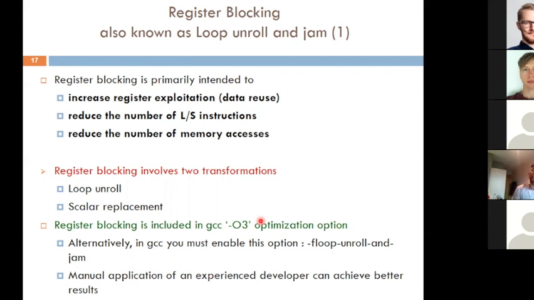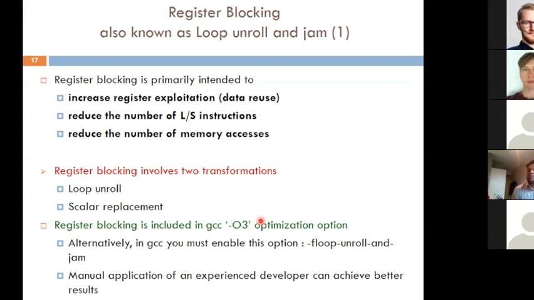Register blocking is a combination of 2 transformations: loop unroll and scalar replacement. We have to follow these 2 steps in order to implement the register blocking technique for loop optimization.